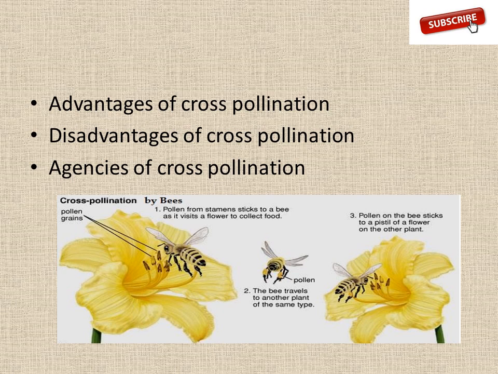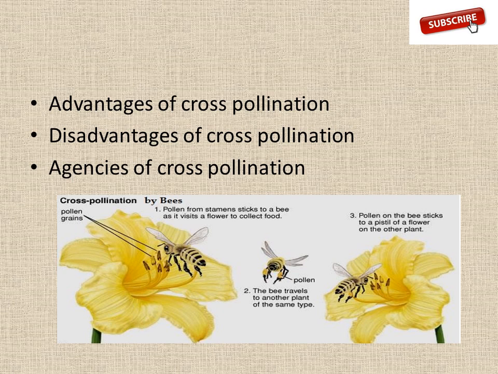Pollen has to be produced in very large quantities to ensure pollination as a lot of pollen is destroyed in transit. The process is uneconomical as the flower has to form large petals and nectar to attract insects for ensuring pollination. So these are the advantages and disadvantages of cross-pollination.